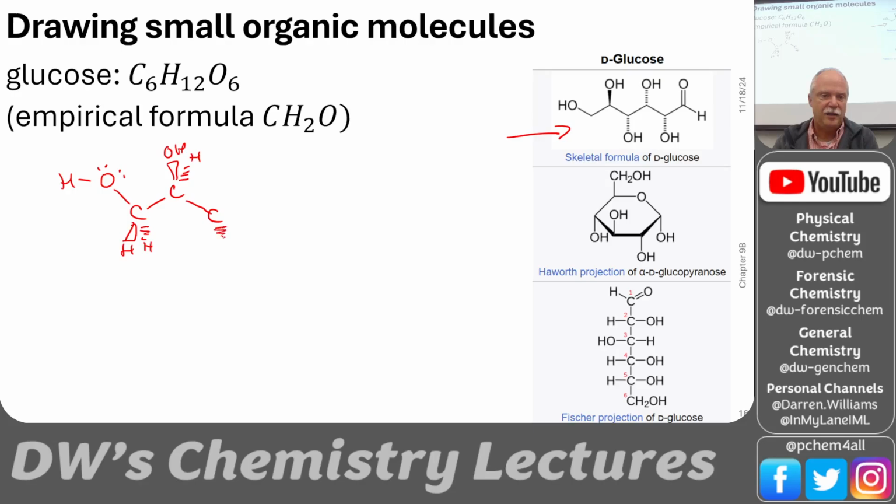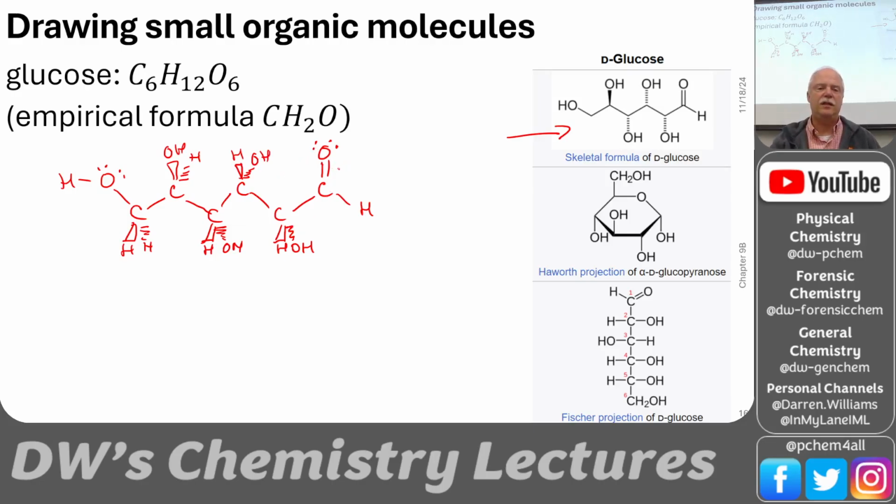Here we have a dashed OH, so we have a wedge hydrogen. This crazy carbonyl sticks out here. And then H. So we've got all kinds of bond angles.